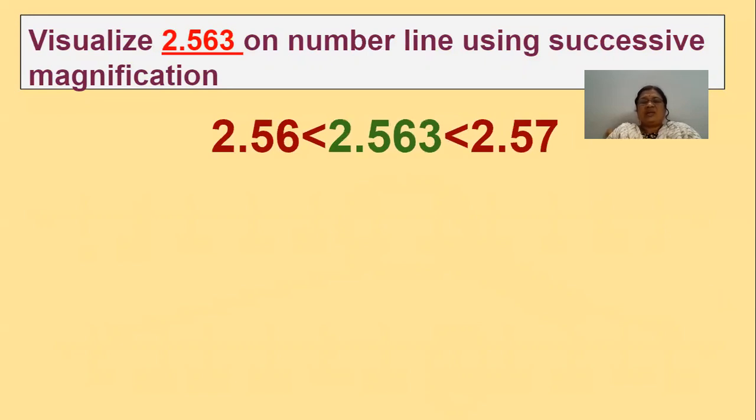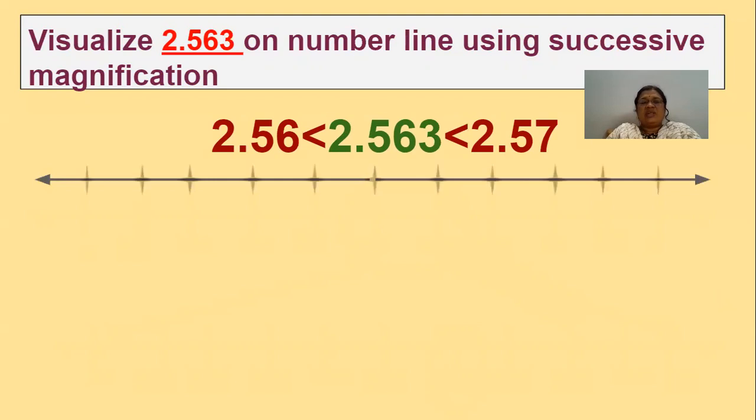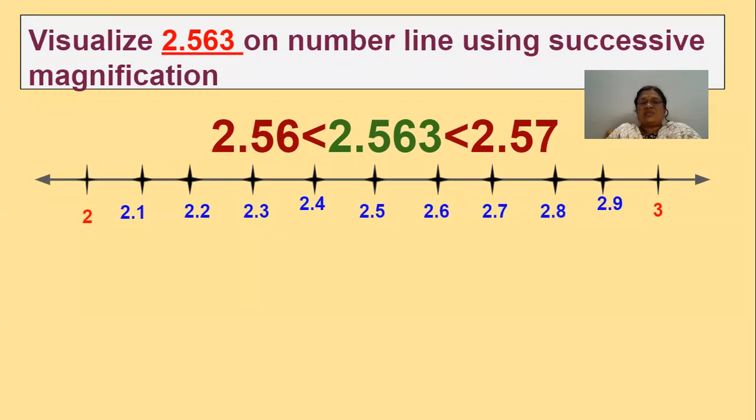So for that, see here, this one, 2.563 will locate between 2.56 and 2.57. For that, we'll take a line and we'll mark 10 points like this. And this is between 2 and 3, we know.